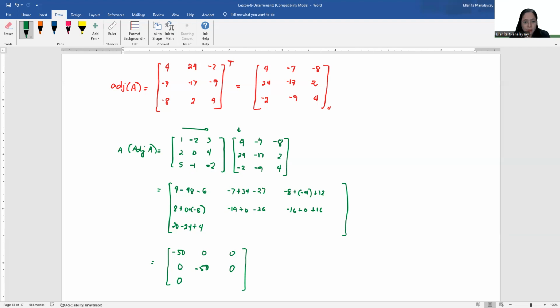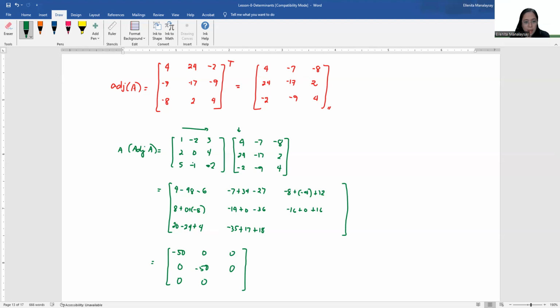Next, we have the third row, second column, 5 times negative 7 is negative 35. Okay? Negative 1 and negative 17, that's positive 17. Negative 2 and 9 is positive 18. 17 plus 18 is 35 plus negative 35, that is 0.